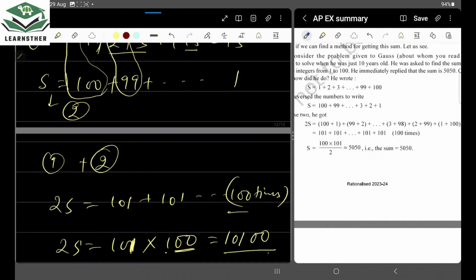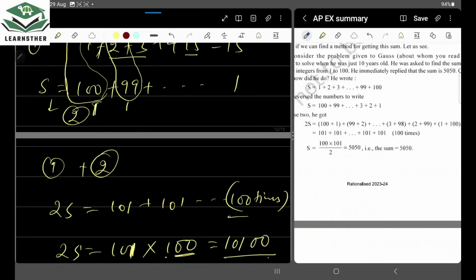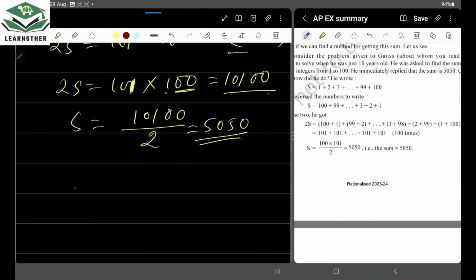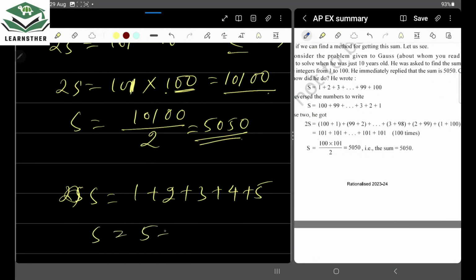So why we have done 100 times, you have already seen. This way it will come 100 times. Suppose you are asked for the sum up to 5: 1, 2, 3, 4, 5. You can do it like this. Suppose this is S, this can be written in reverse order.